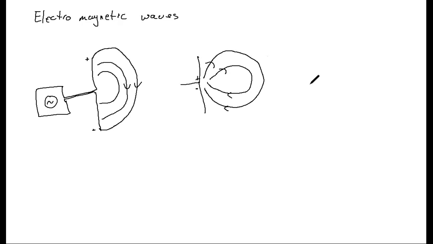And if you wait another moment in time, you'll see that the negative end of the dipole will be on the plus side. And that's going to have the effect of pinching off these loops, creating new loops, and the old ones will be pushed off to the side.